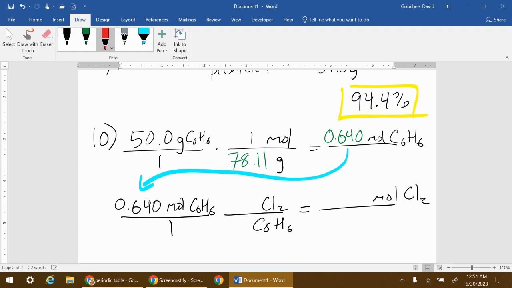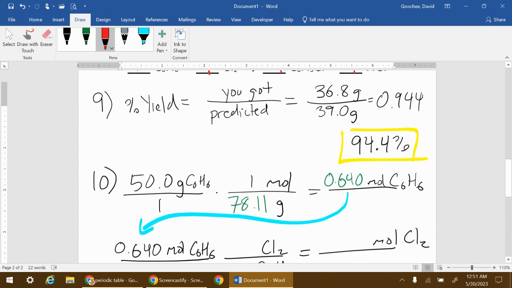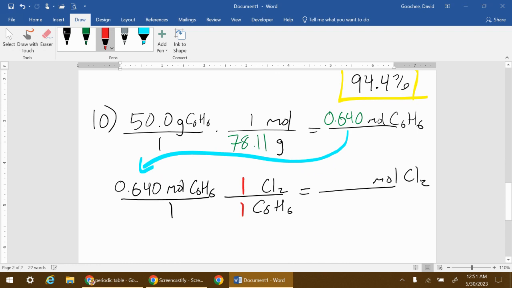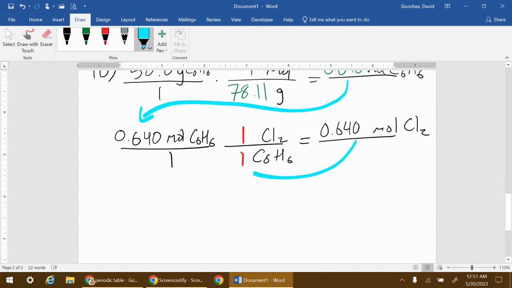And this is easy because it's ones across the board. So we're going to end up with the same number of moles of chlorine. Sometimes that happens. In this particular reaction, every mole of benzene consumed also consumes 1 mole of chlorine gas. Cool, cool, cool. So we'll plug this in.